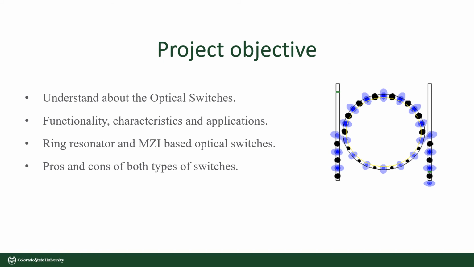A detailed study on the two types of switches will be made, and we will compare the characteristics like optical loss, crosstalk, bandwidth dependency, wavelength dependency, power consumption, and energy efficiency. We will also discuss the pros and cons of both of these switches. The figure on the right is a computer simulated ring resonator depicting continuous wave input at resonance.